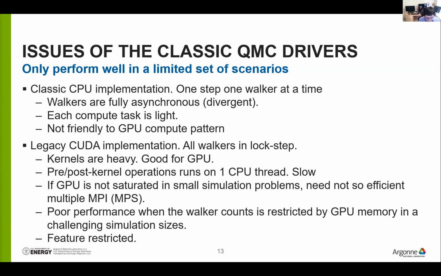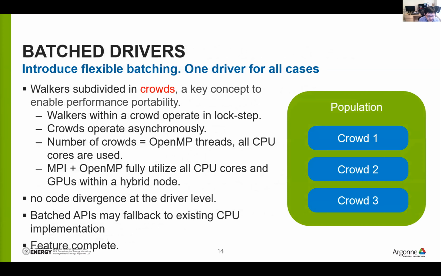You will see why legacy CUDA is bad; I will show you later. Another key problem is that this code is not maintainable and not feature complete, because the classic CPU driver and the legacy CUDA implementation were added independently. They don't crosstalk, which means you have to implement each feature twice, for the CPU and for the CUDA code. That is not workable.